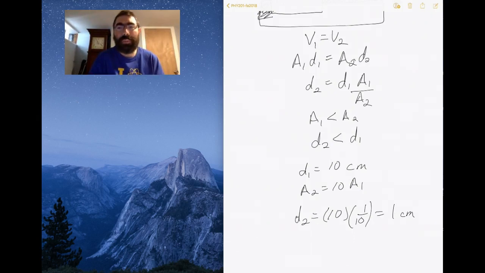So while I'm now able to apply a force of 100 newtons on the right-hand side, I'm only going to be able to move that object 1 centimeter. So I'm only going to be able to move the object a fraction of the distance. So you either have to have a very large distance on the left-hand side, or realize that you're not going to be lifting this object very far, but maybe a centimeter is all you need to pick up a refrigerator and move it across the room. And so you still have the mechanical advantage with this system.